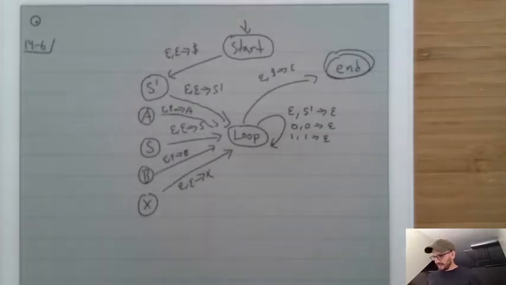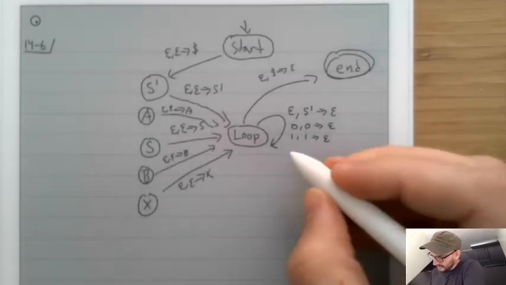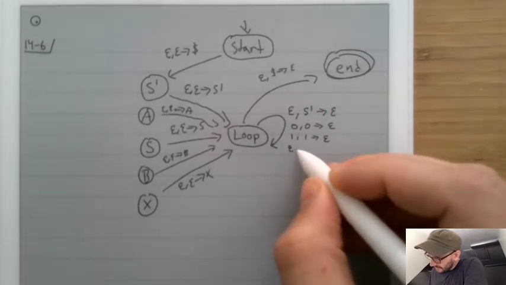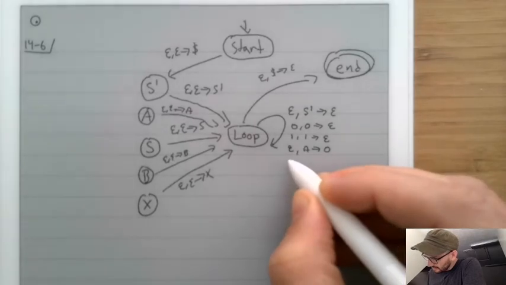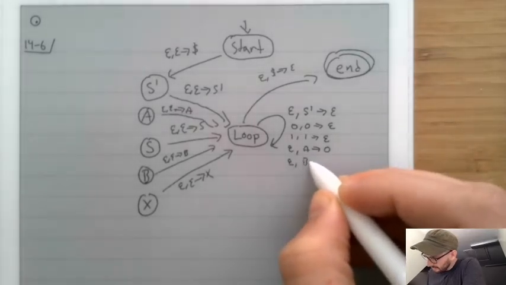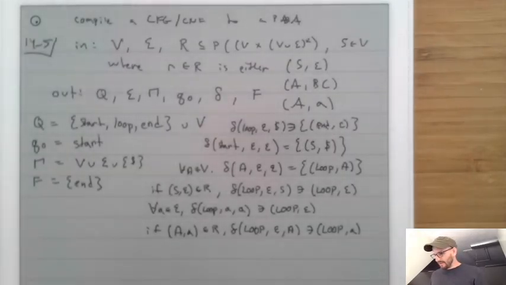So that means that if we look at our rule, there's a rule that says that A goes to 0 and B goes to 1. So that means that if we see epsilon in the input, an A on the stack, then we can push on a 0. If we see an epsilon and a B, then we can push on a 1. Right? So now what's next?